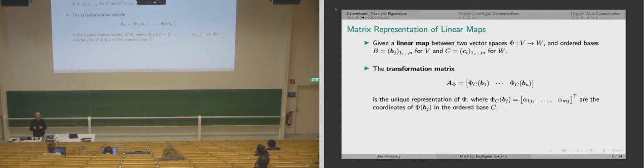In the general case, the columns of the transformation matrix are going to be the coordinates of the transformed vector in the output basis, in the basis of the codomain, and not in the basis of the domain. That means that the columns of the transformation matrix are the coordinates of the transformed vector in that basis.